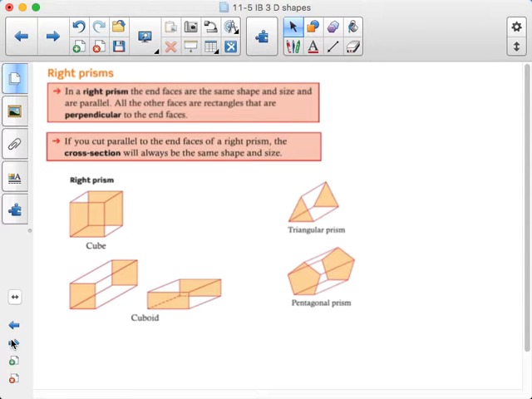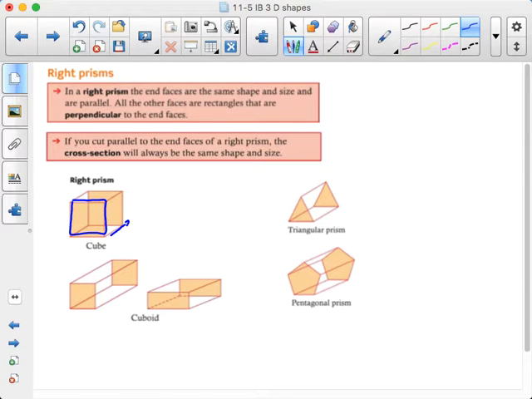One is right prisms, where you can see there is a face. Let's say this is a cube. A cube is a square on one end, and then it's almost like you stretch that square to make a 3D shape.